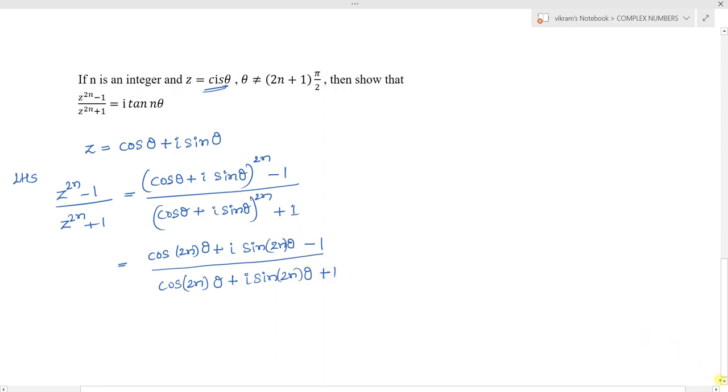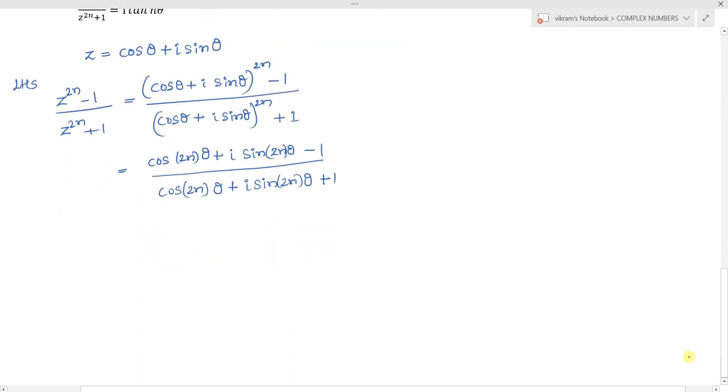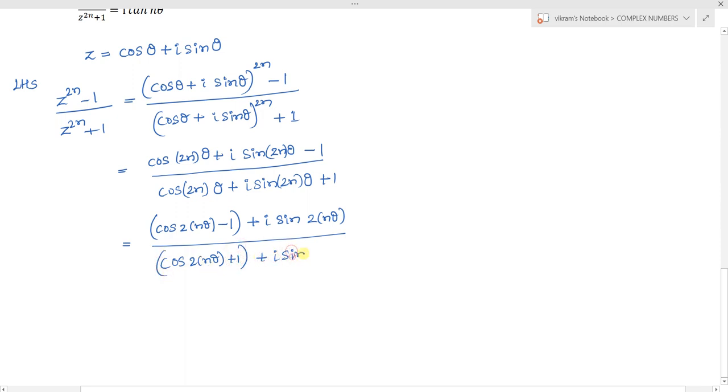Now write out the real and imaginary parts: numerator cos 2n theta minus 1 plus i sin 2n theta, denominator cos 2n theta plus 1 plus i sin 2n theta.